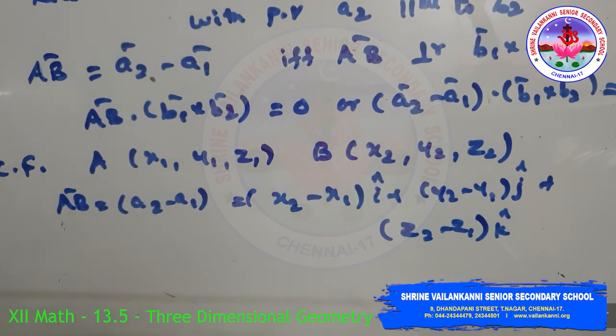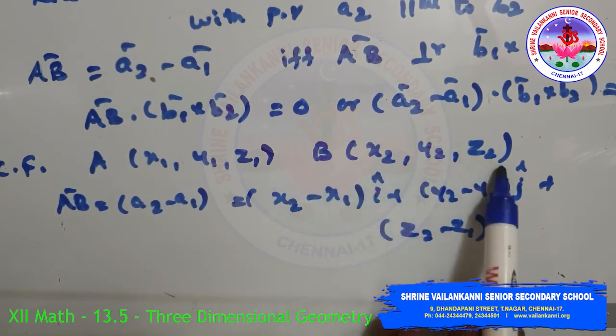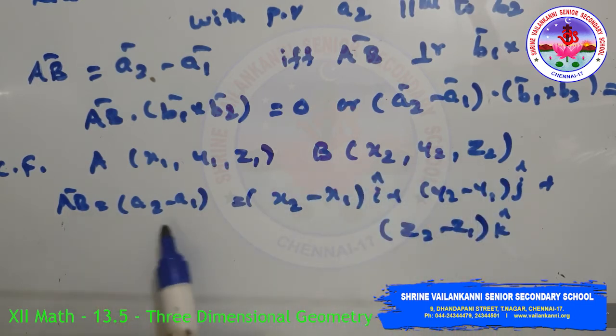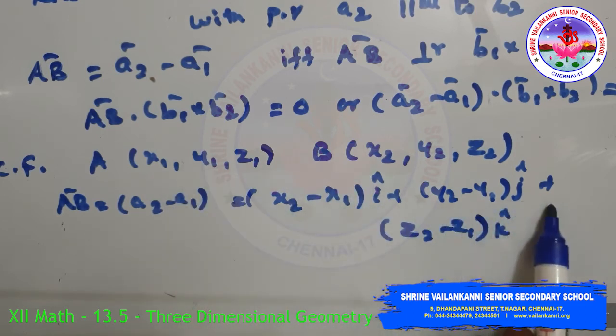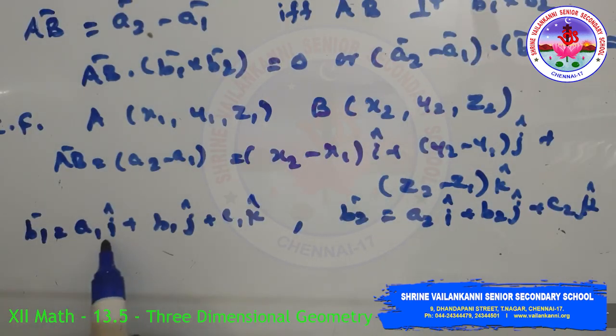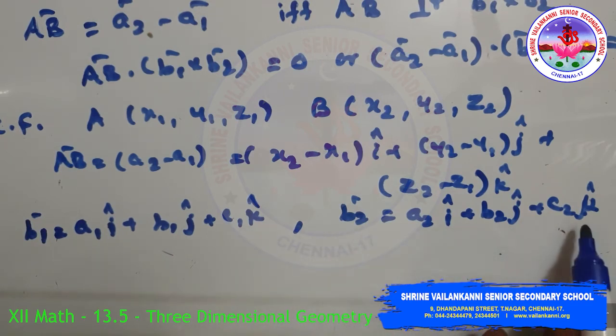Writing this in Cartesian form, let A have coordinates x1, y1, z1 and B have coordinates x2, y2, z2. We have AB, a2 minus a1, so (x2 minus x1) i plus (y2 minus y1) j plus (z2 minus z1) k. And b1 is a1 i plus b1 j plus c1 k and b2 is a2 i plus b2 j plus c2 k.